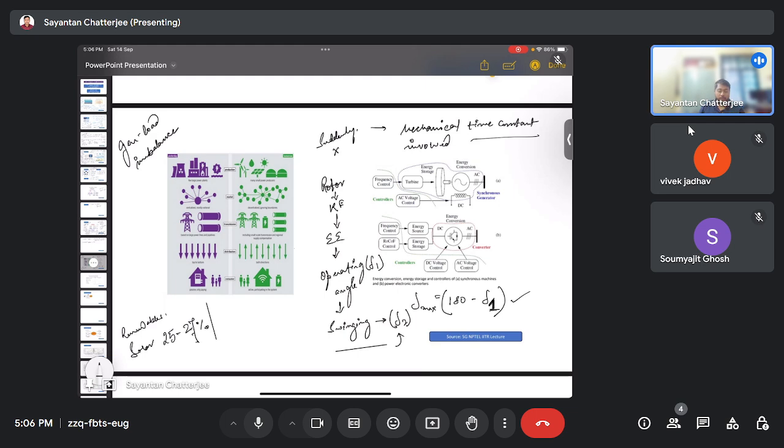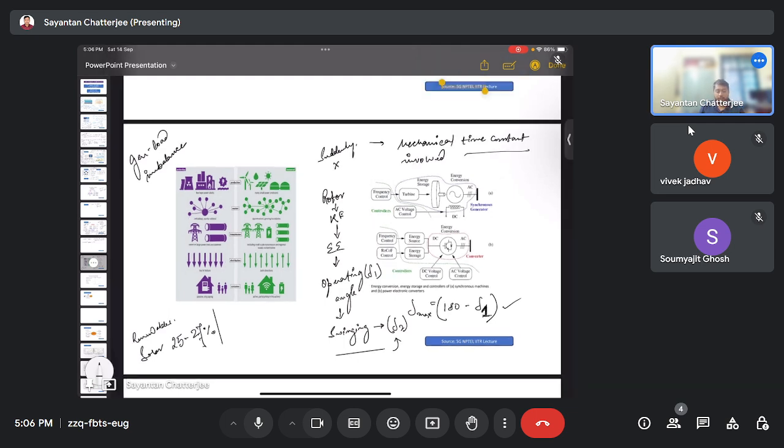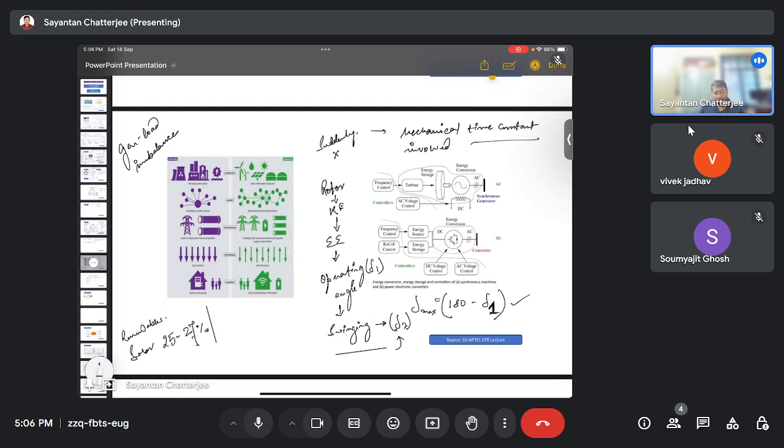And solar doesn't have any inertia. It can only deliver active power. No system inertia present. These are static devices. At least wind does take part in reactive power control, and it can take care of this inertia to some extent, but solar, which is playing a major role here, has the absence of inertia.